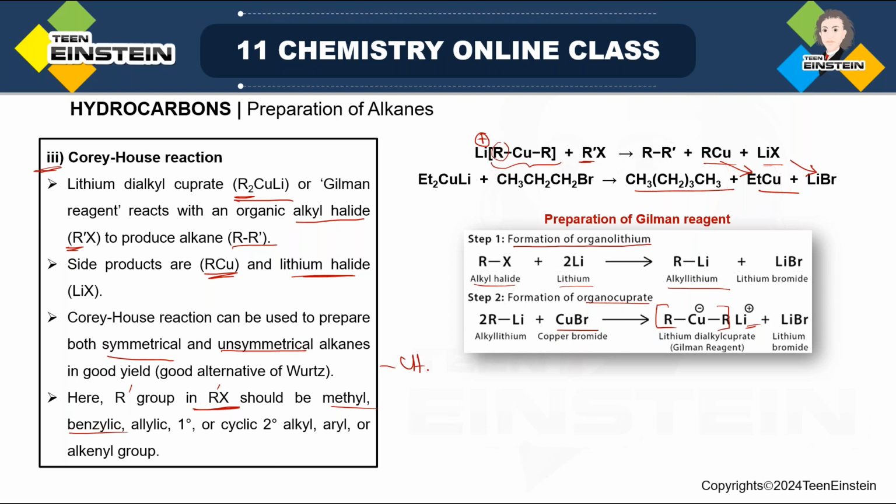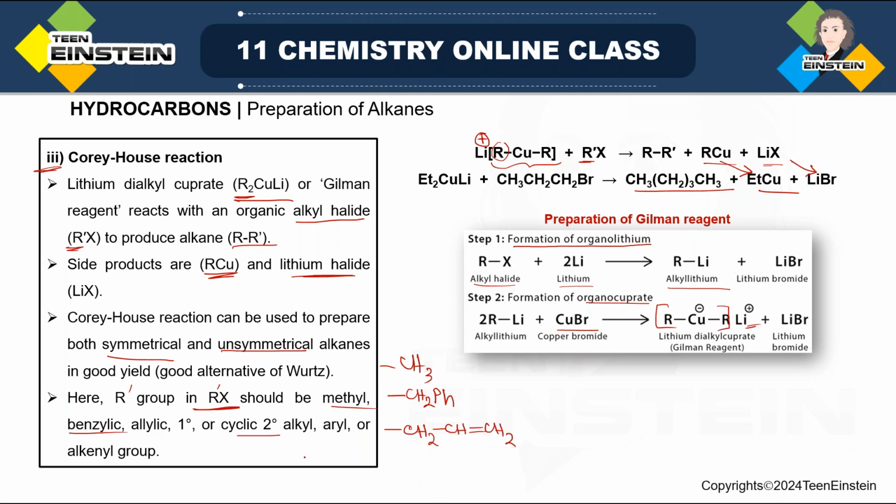Methyl, benzylic, benzylic means CH2Ph. It can be allylic, that means CH2-CH=CH2. It can be 1 degree any group.